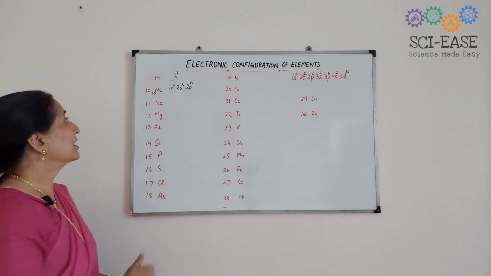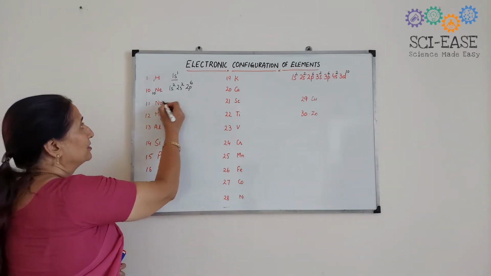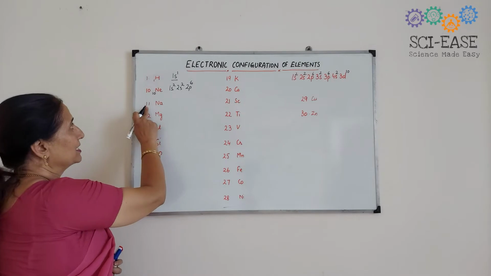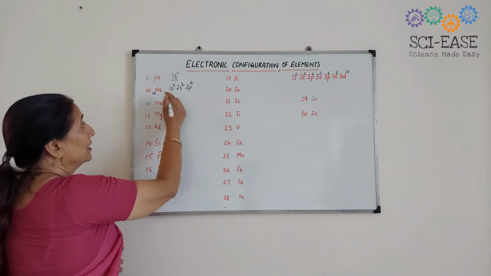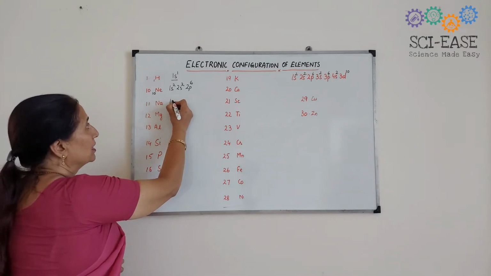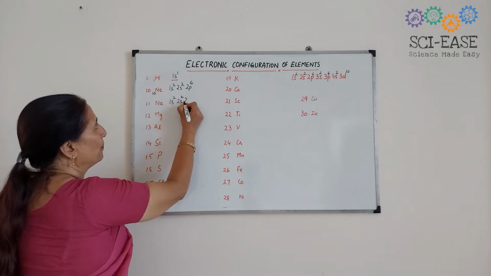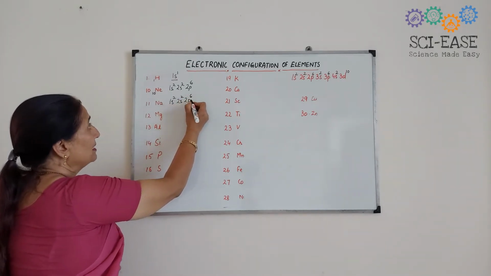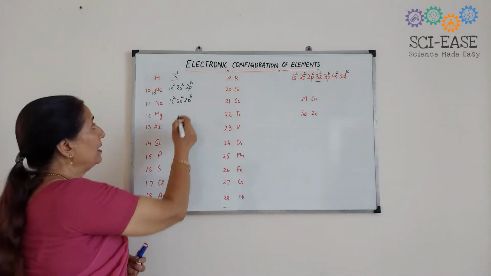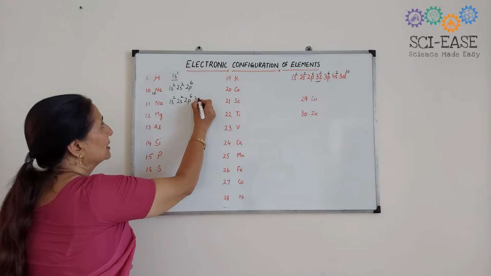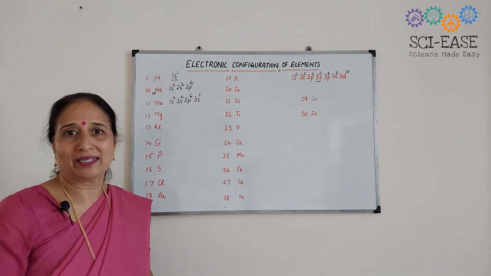Now next, come to sodium. 11 is the atomic number. So it will have the configuration of neon first, 1s2, 2s2, 2p6. And the next electron will go in which subshell? It will go in 3s. So it is 3s1.